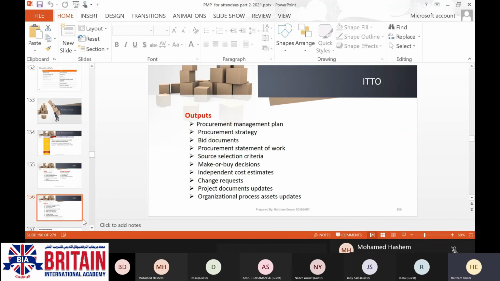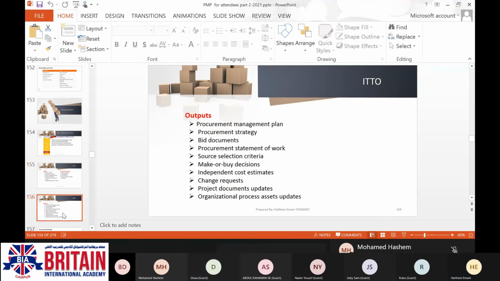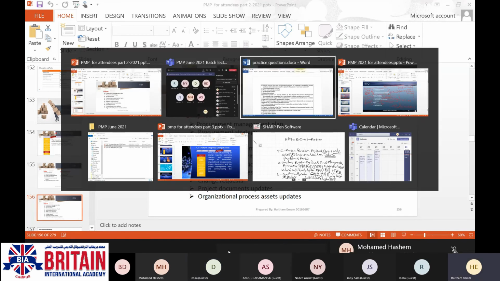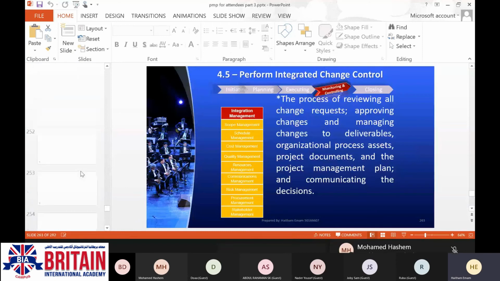That is the output of plan procurement. Have a look at that. And when it comes to part 3, let me show you one thing.